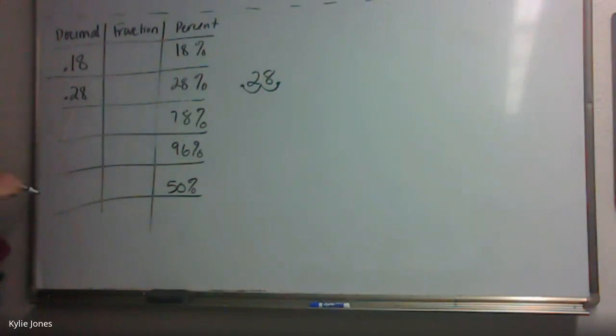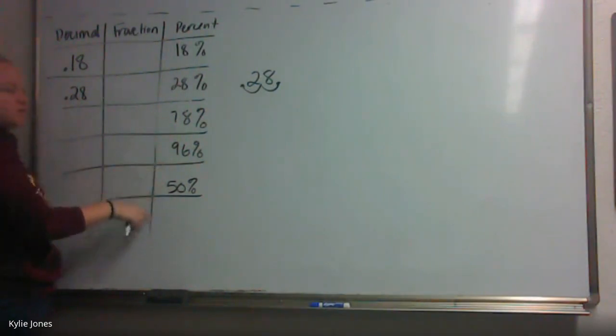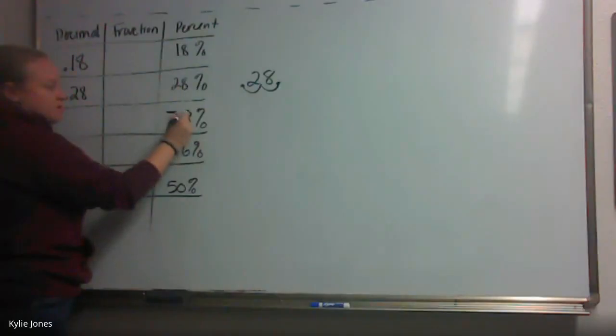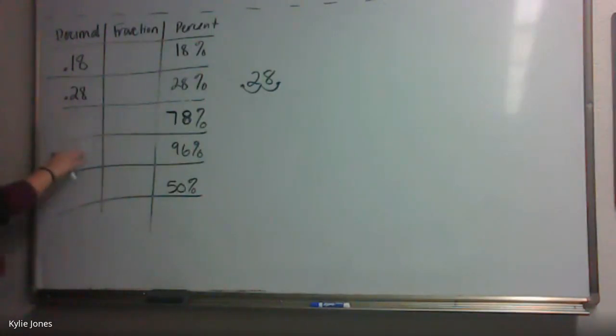Okay. Why don't you guys take 2 minutes to do that same process to these 3 numbers? So 78%, 96%, and 50%. So take 2 minutes to get the decimals. So take the percent, change it to a decimal.